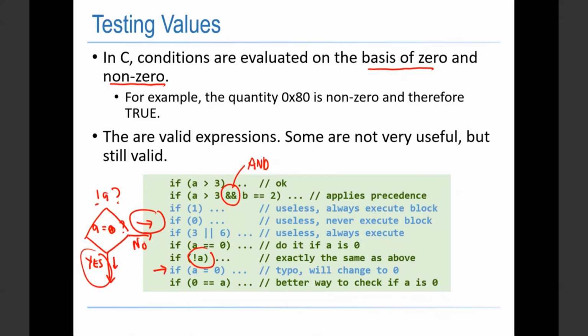If A = 0, it means you define A equal to zero. This is not a condition. You define it, you change the value of A to 0.